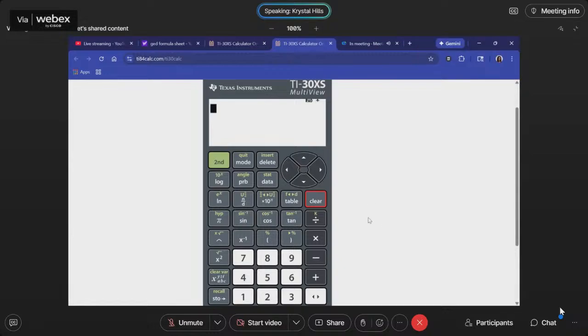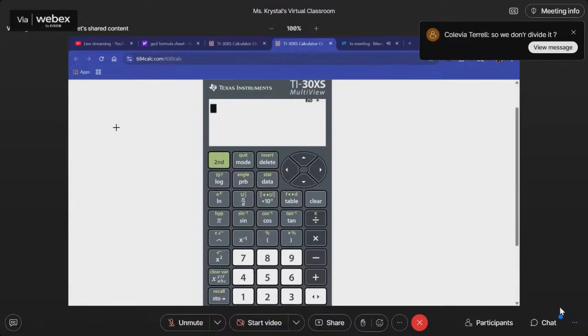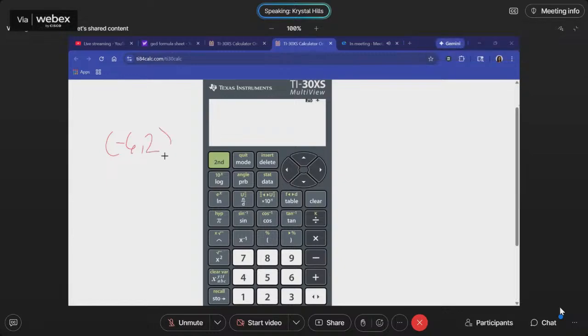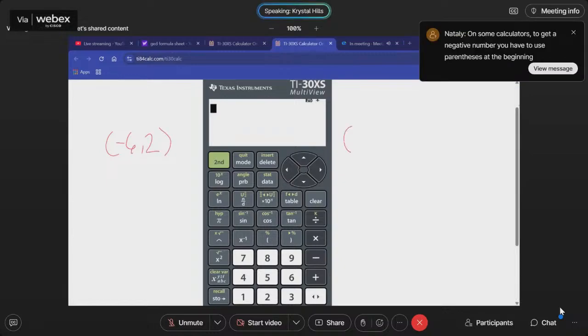So here's what I want y'all to do. The slope of a line, I want you to write it down. What is the slope of a line that crosses the points (-6, 2) and (4, -6)?